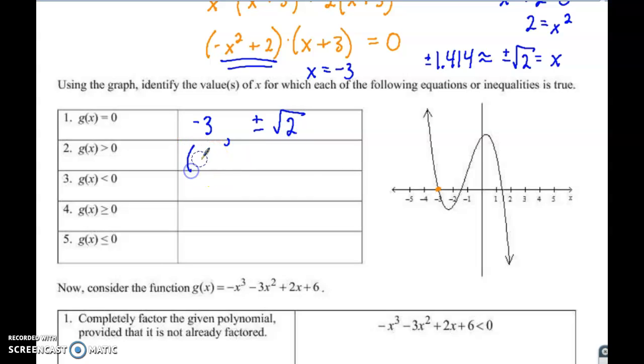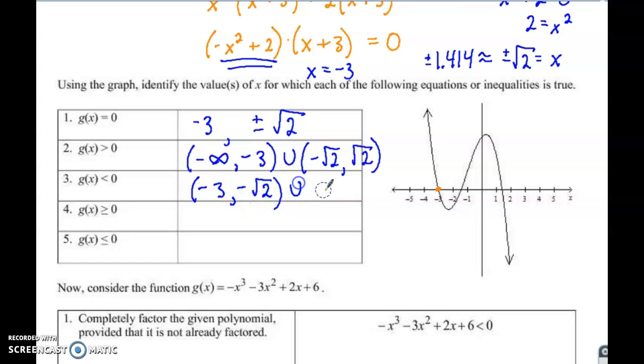Where is it positive now? From negative infinity to negative 3, union, negative root 2 to positive root 2. Where is it below the x-axis? Negative 3 to negative root 2, union, root 2 to infinity. And then this is really the same as number 2, except we put a bracket.